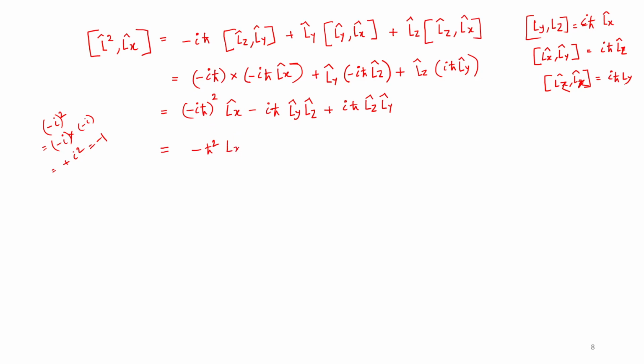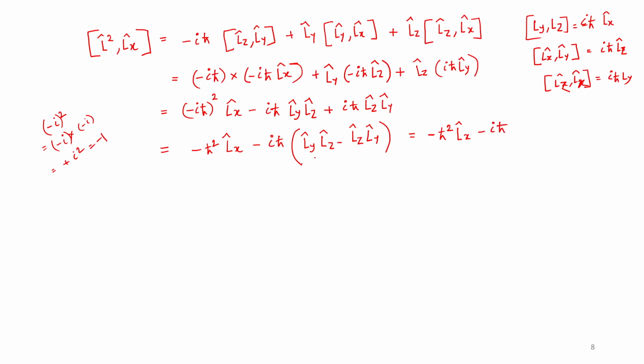But anyway, Lx minus, if I am going to take this common again, minus ħ, so what I was going to get Ly Lz, take this minus Lz Ly. Okay. So again see we are going to get another commutator relationship. Actually this is just the calculation, we just need to do the calculation with concentration because some erroneous value may come, but you have to do this with concentration.